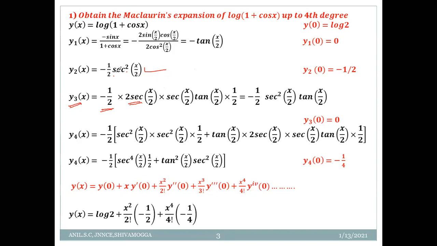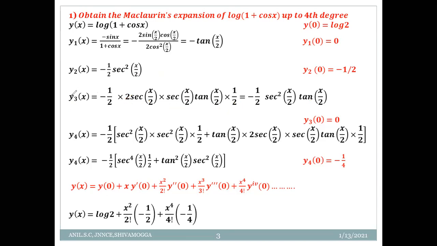Using chain rule, derivative of secant theta with respect to theta is secant theta into tan theta. Similarly, derivative of secant x by 2 is secant x by 2 into tan x by 2 into derivative of x by 2. Derivative of x by 2 is 1 by 2. You just cancel this 2 with this 2. Minus 1 by 2 as it is. Secant x by 2 into secant x by 2 is secant square x by 2 into tan x by 2. This is the derivative y3 of x.